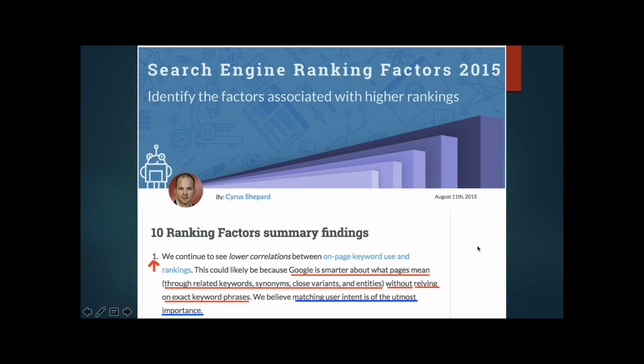They have an annual ranking factor study, and it came out just this past August. Their number one finding was that Google is smarter about what pages mean through related keywords, synonyms, close variants, and entities without relying on exact keyword phrases, and that matching user intent is of the utmost importance.